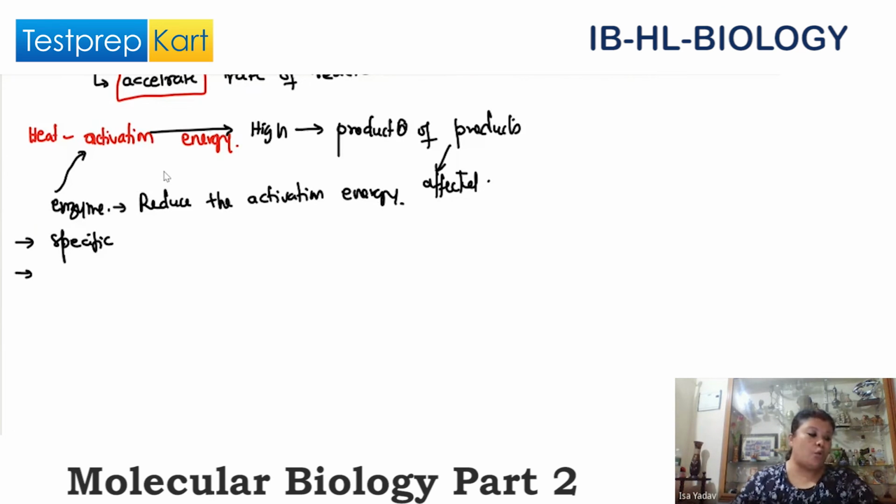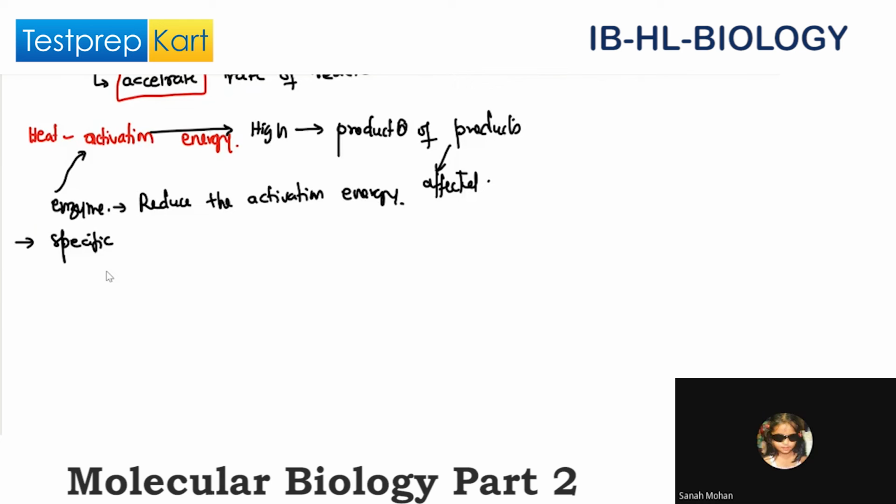Let us see the various features of an enzyme. Enzymes reduce the activation energy, and enzymes are specific. But I have not told you the drawback of enzymes. We'll come to that drawback later on. Clear?